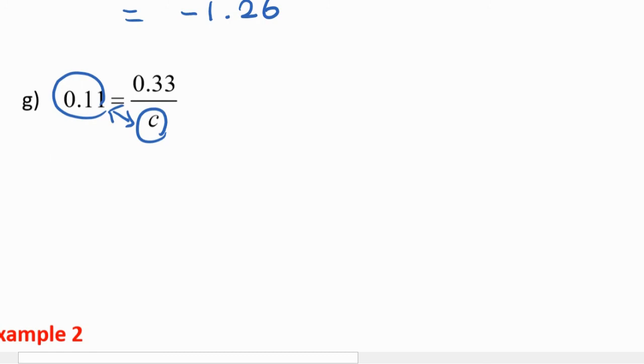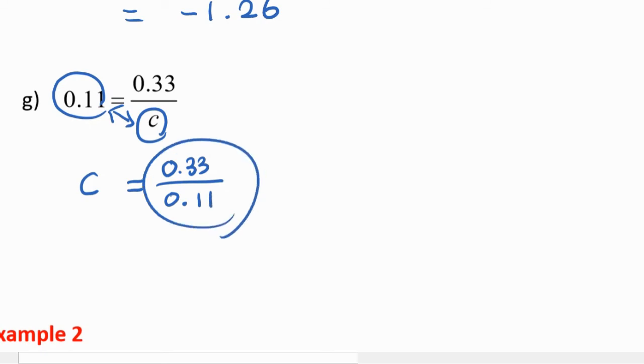Then that becomes C equals 0.33 over 0.11. Now you put this number into your calculator, then you get 3. So the answer is 3.